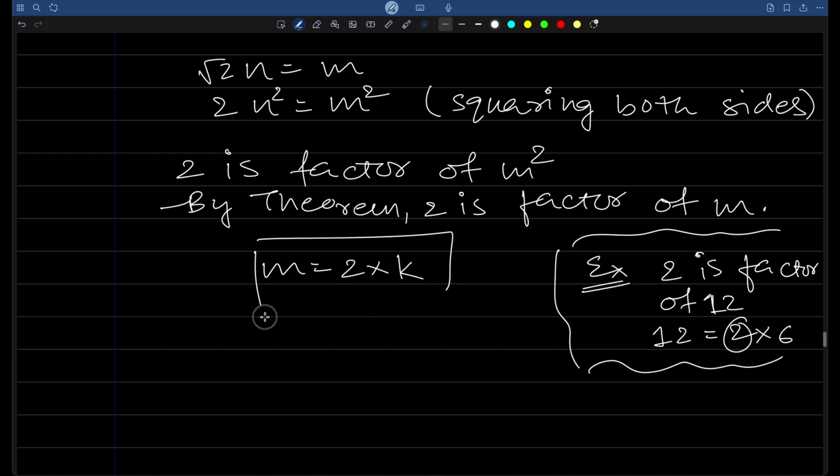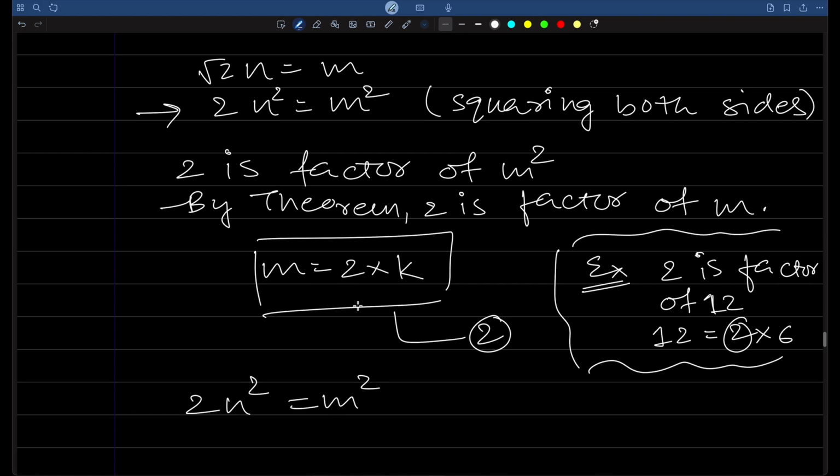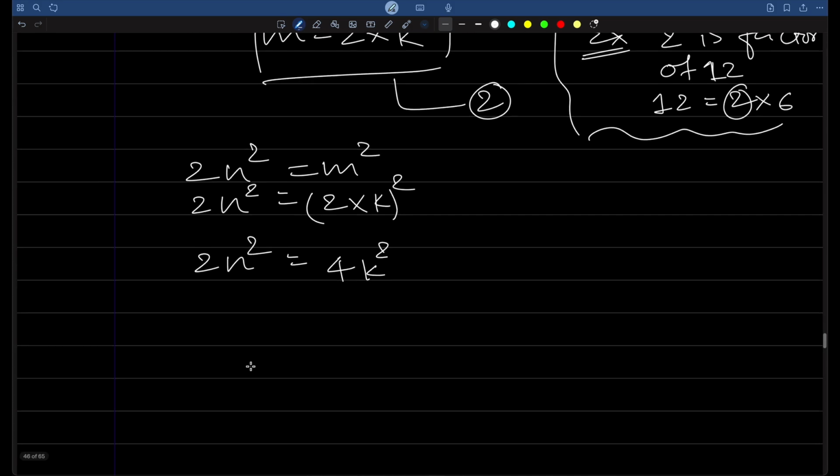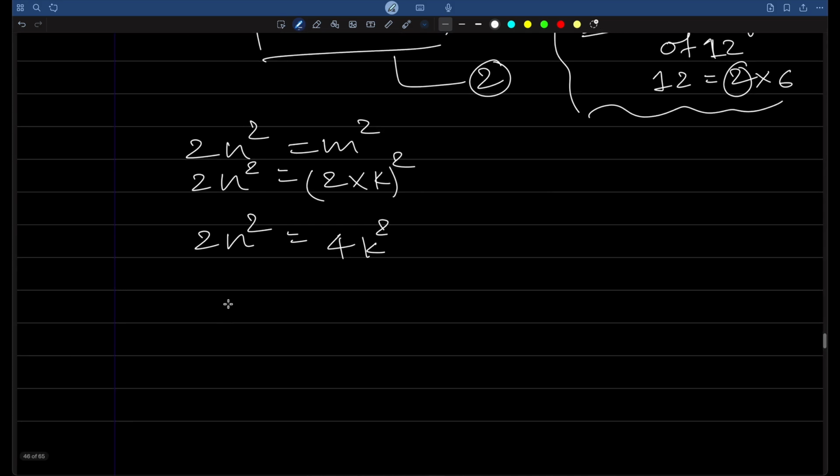So I can put this in this equation, that is 2n square equals m square, where m equals 2k, whole square. 2n square equals 4k square, and dividing both sides by 2, we get n square equals 2k square.